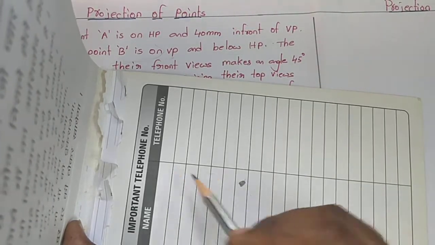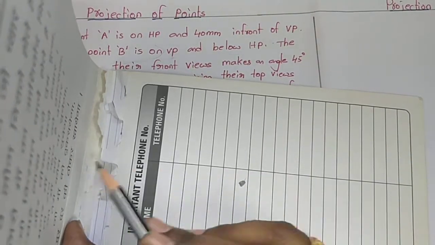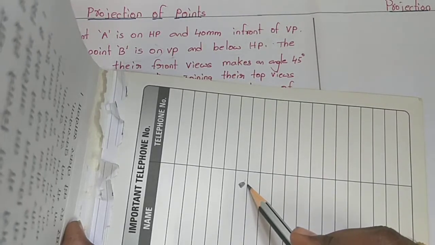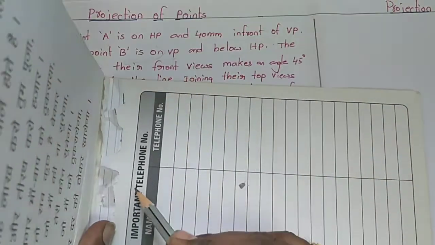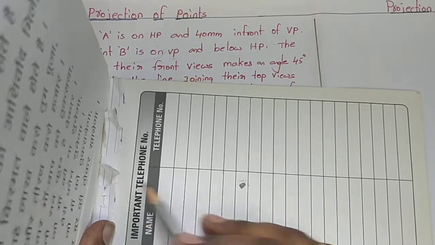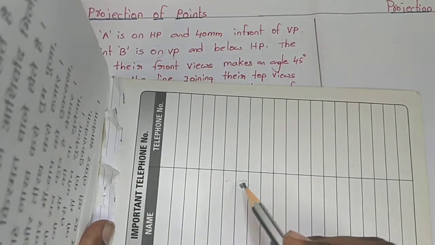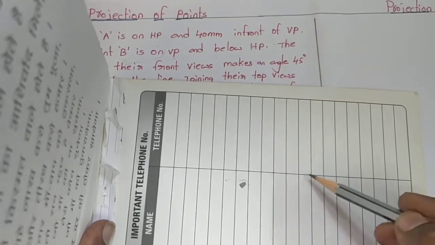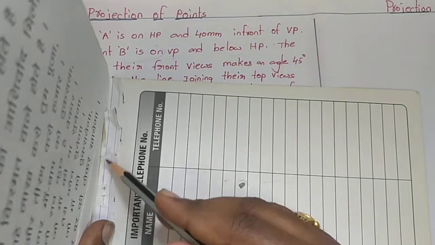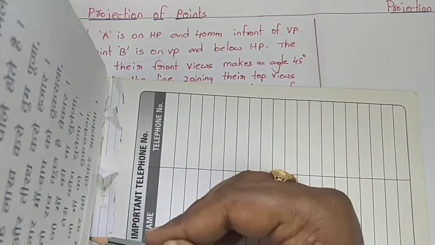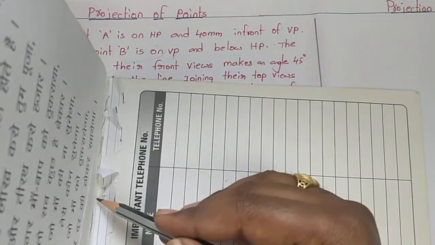The distance from this plane to this point is 40 mm in front of VP. The front view, if you view the object from this side, falls on the line XY.